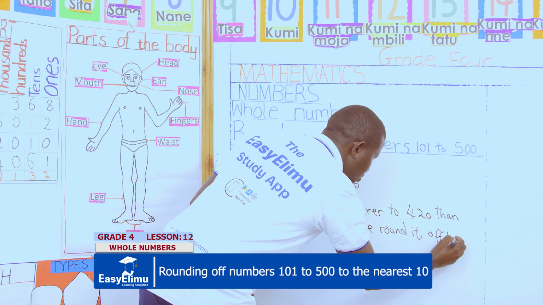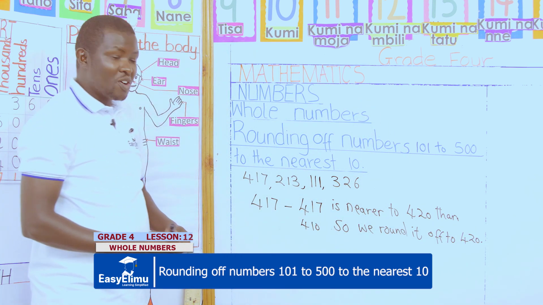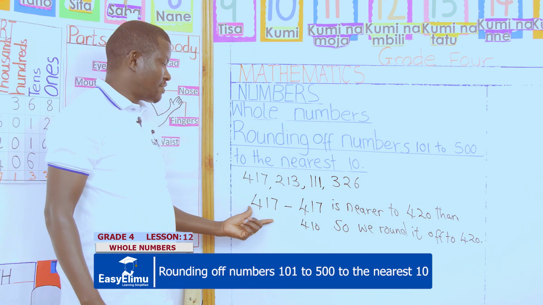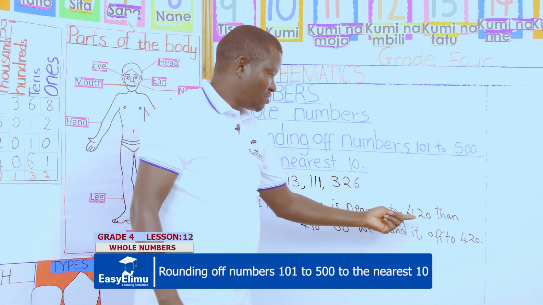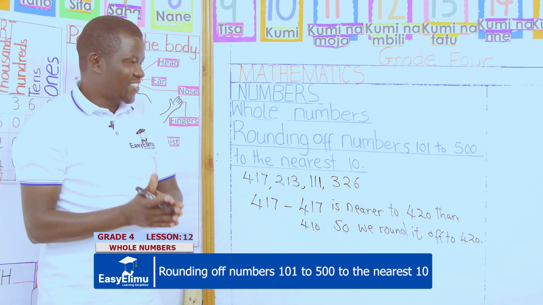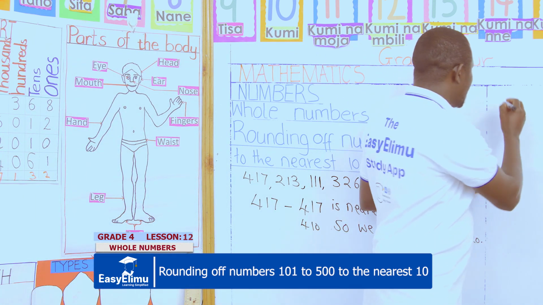So when we are rounding off 417 to the nearest tens, we round it off upwards to 420. That is correct. In our groups, round off the next number.